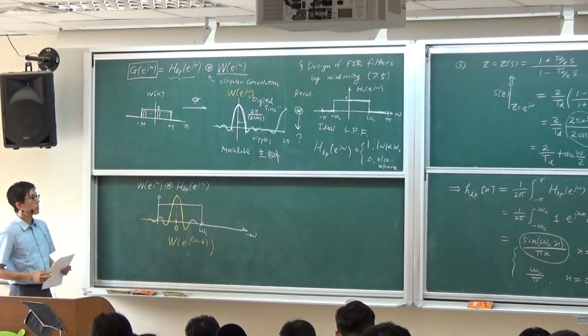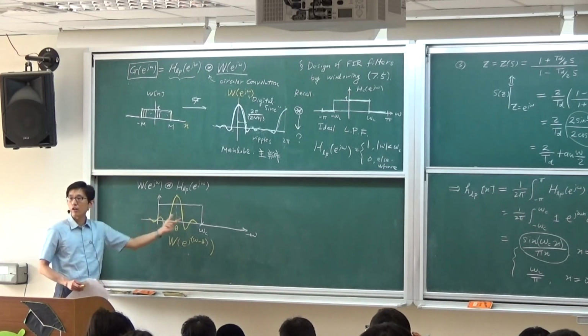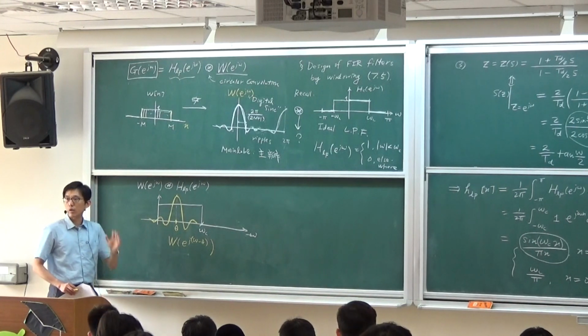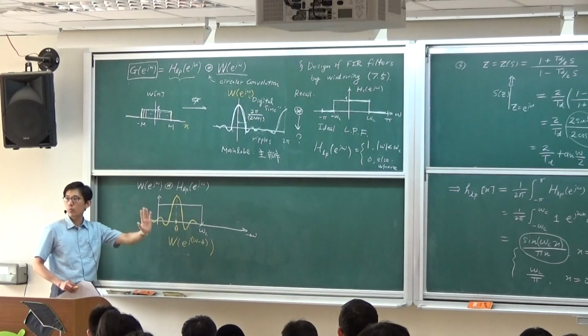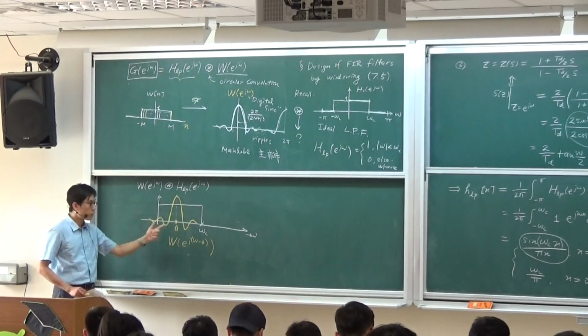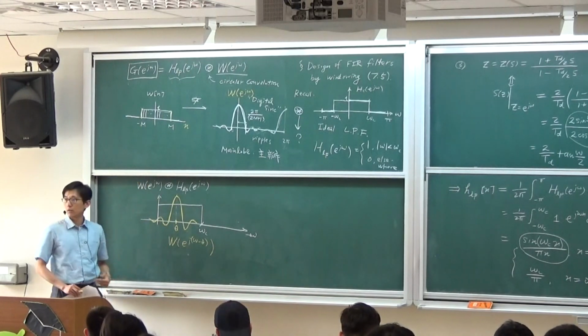Now what is convolution? Convolution means that we're going to flip one of them and shift the other, and take the integral of the product. Let me say that again. Convolution is to flip one of the members, then shift the other member, multiply them and take the integral.